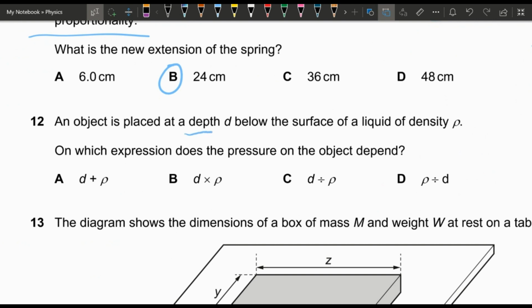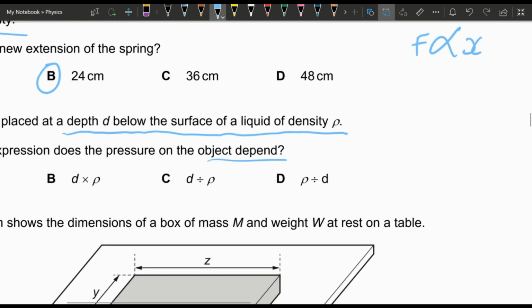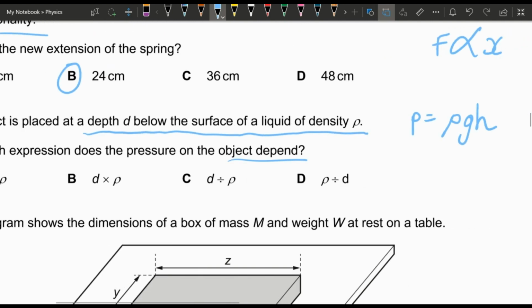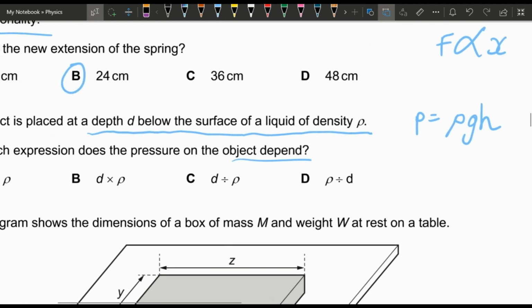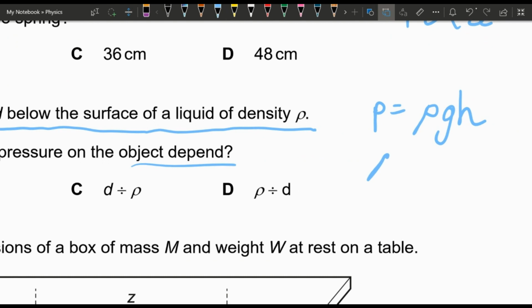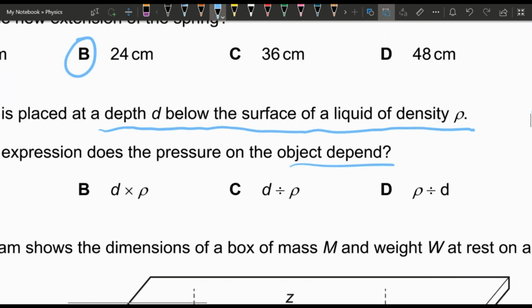An object is placed at depth d below the surface of a liquid of density rho. On which expression does the pressure on the object depend? So as you can see, pressure is rho, which is density, g, and h, right? So it depends on h. Over here h is the depth, so I can replace h by d, right?